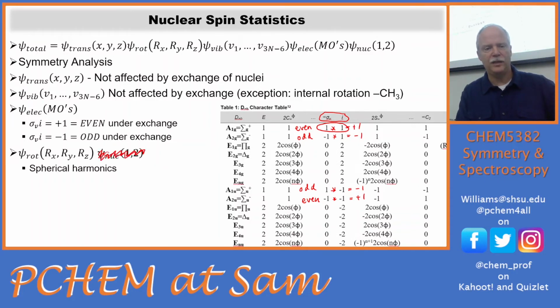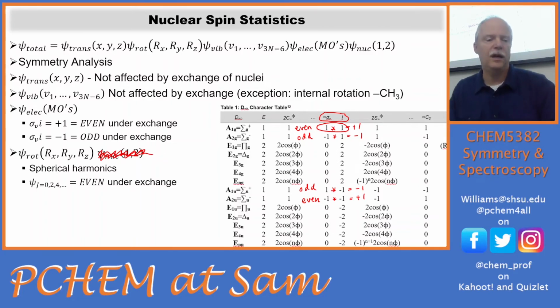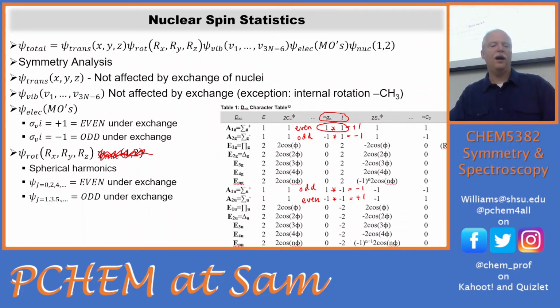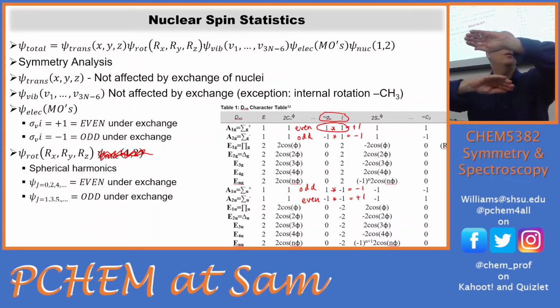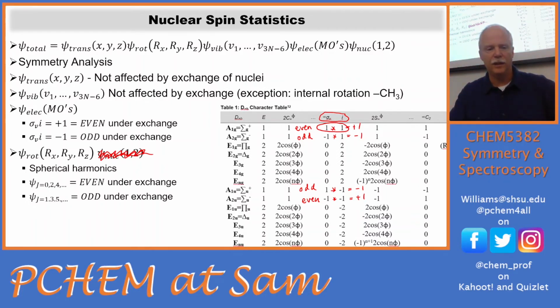So we're just talking about rotational motion. They are the spherical harmonics. The spherical harmonics for even quantum numbers are even under exchange, and for odd quantum numbers are odd under exchange. This does match that even-odd alternation of the rotational levels. They went from top row to whatever the rotation was, back to top row to whatever the rotation was.